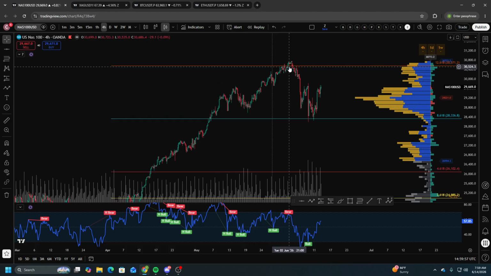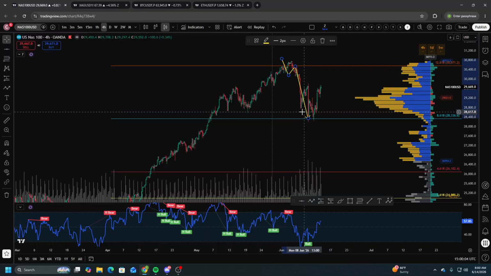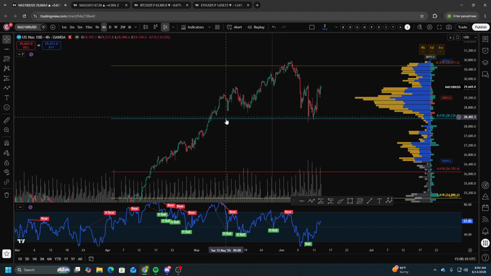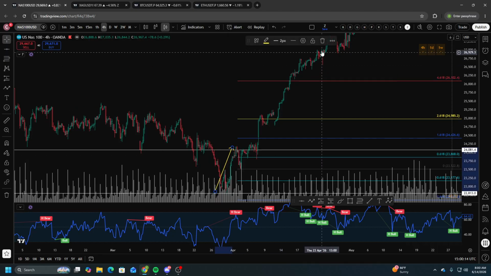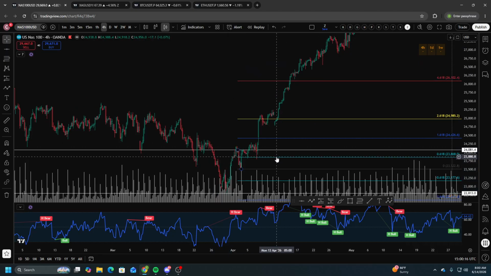And you can see all the way up here, it's projecting failure points. We've failed and rejected, and now we've come back and rejected at this level. Okay, so you can see how powerful this can be if you're drawing your sequences correctly.